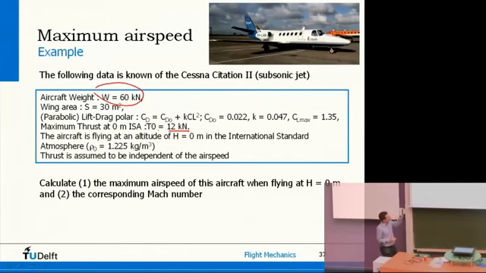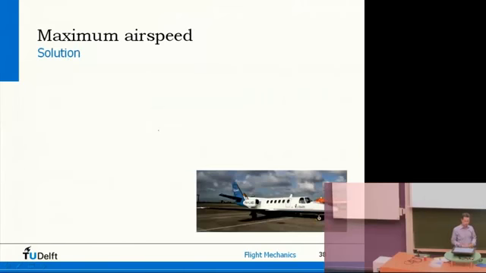And we have some parameters for this aerodynamic drag. So a zero lift drag coefficient of 0.02 and a maximum lift coefficient. This aircraft has high lift devices, some flaps at the back, of 1.35. So let's see how we calculate maximum airspeed for this aircraft.